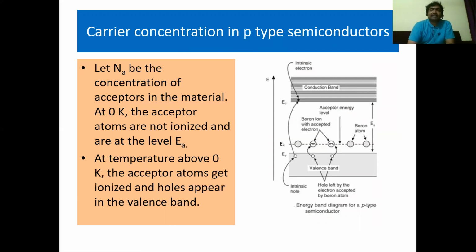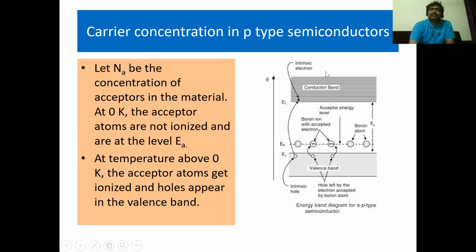As temperature becomes more and more, a large number of covalent bonds break down in the valency band. Suppose 1 crore covalent bonds break down, then obviously 1 crore electrons rise to the conduction band and 1 crore holes are there, but the holes formed due to the acceptor ions become insignificant in that situation.